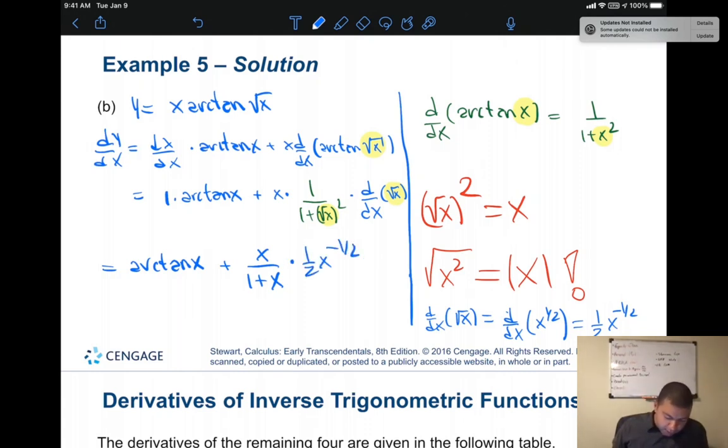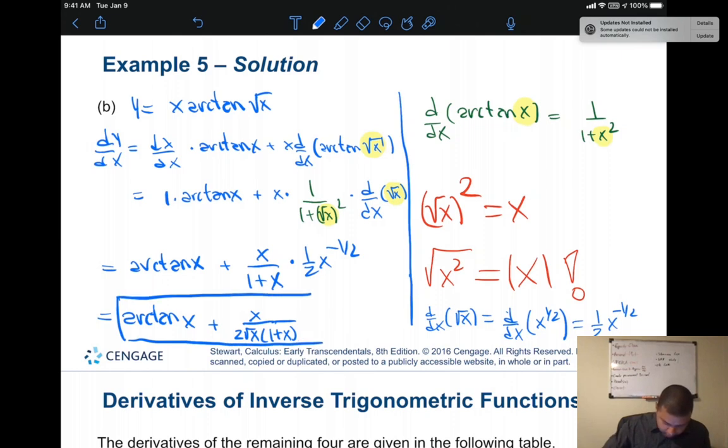So we're basically done. I just want to finish writing it well. So I'll write arctan x plus, okay, so we have x on the top and 2 square root of x times 1 plus x at the bottom, and that will be our answer.